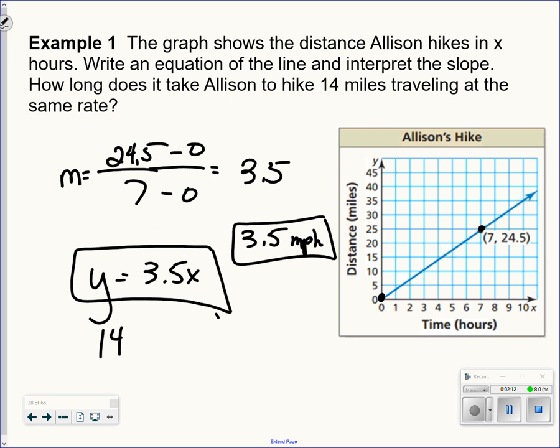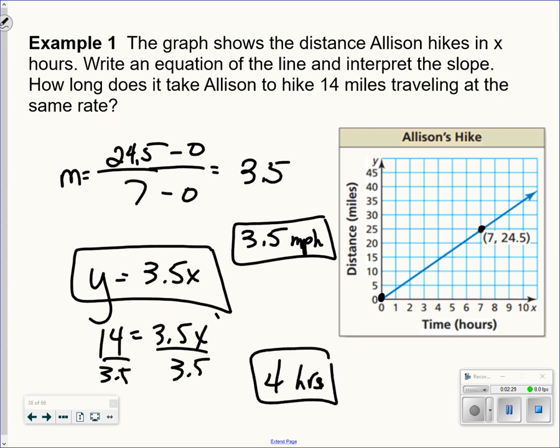So 14 equals 3.5x, divide by 3.5, and I would get 4 hours. Now let's look on the actual picture and see if that makes sense. 14 miles would be about here, and it is 4 hours. So again, using the equation to calculate how long it would take.